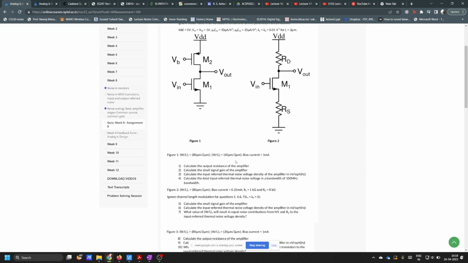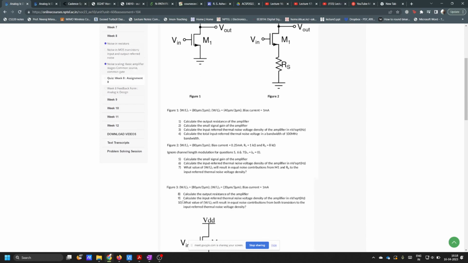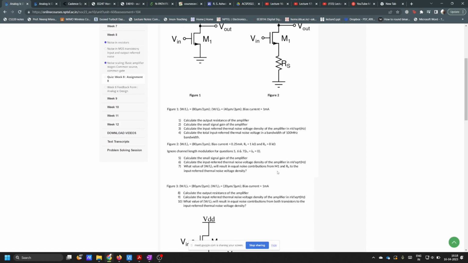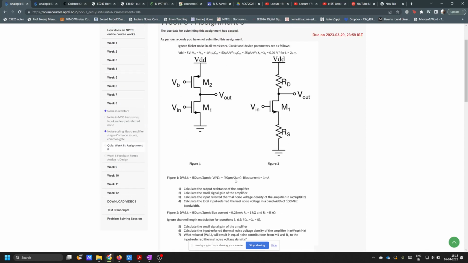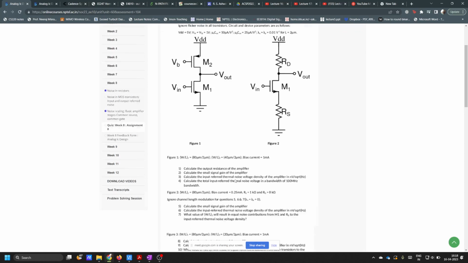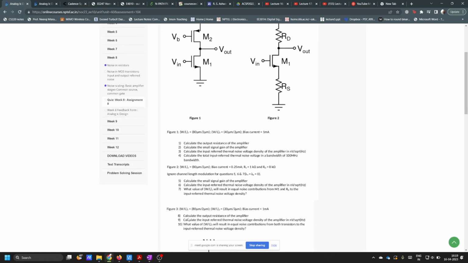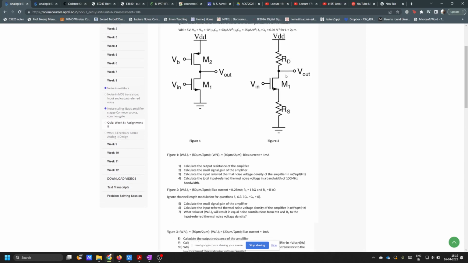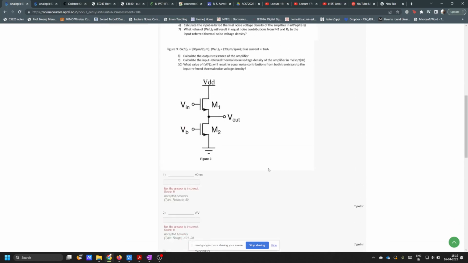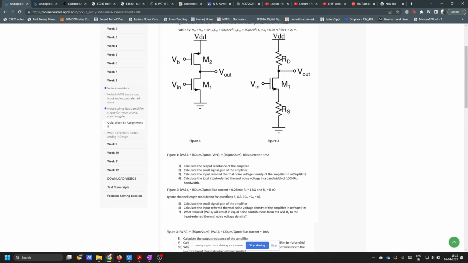In assignment 8, sir, the W by L ratio, seventh question. What is the W by L of M1 such that equal noise contribution from M1 and RD to the input referred thermal noise voltage density? The range is also given, sir. This is figure 2, right?